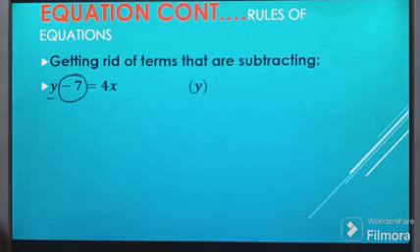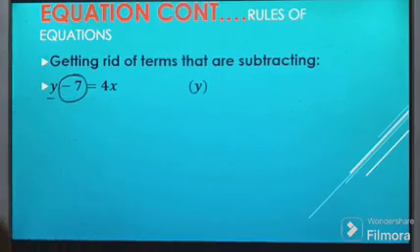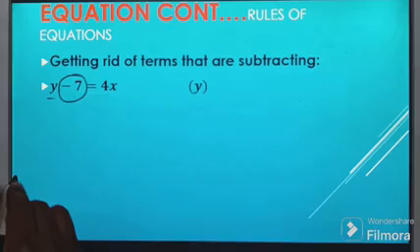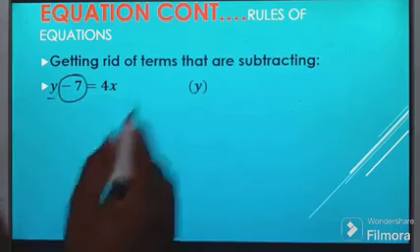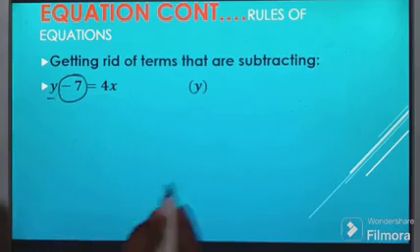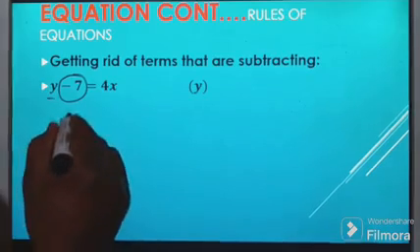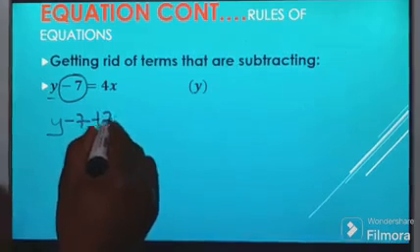So how do we get rid of negative 7? Remember, negative 7 is being subtracted from y. So this term is subtracting. It means if this term is subtracting, we do the opposite. In order to remove negative 7, we need to do the opposite of subtracting, which is adding. So y minus 7 plus 7.